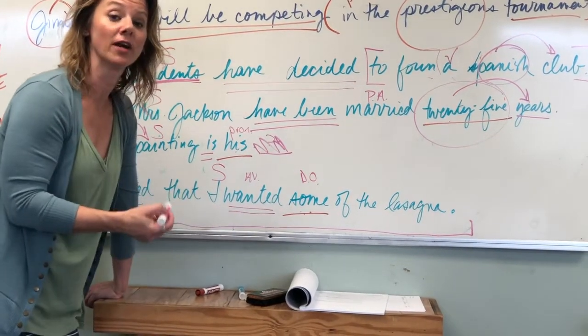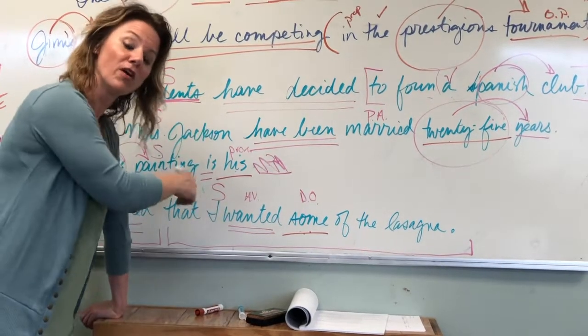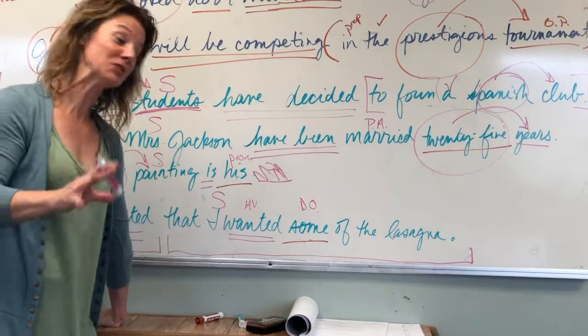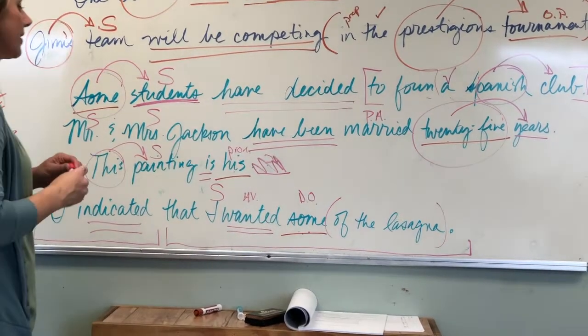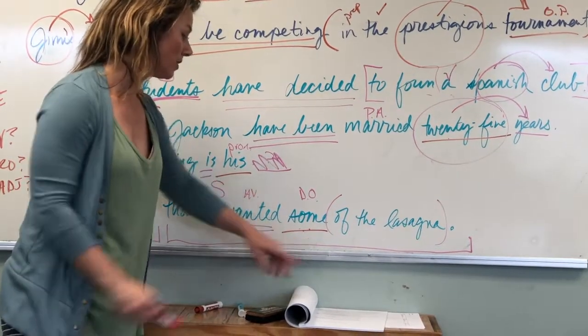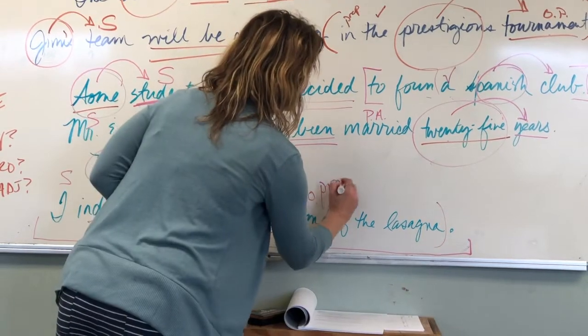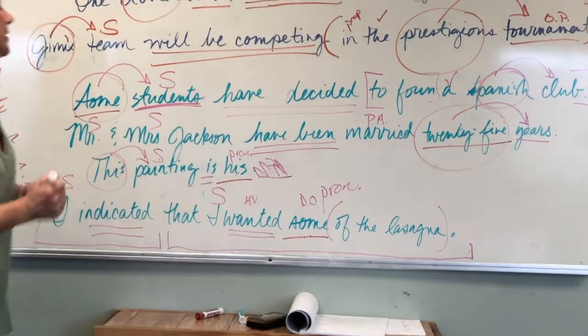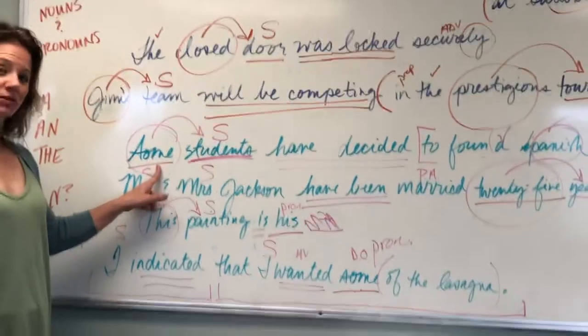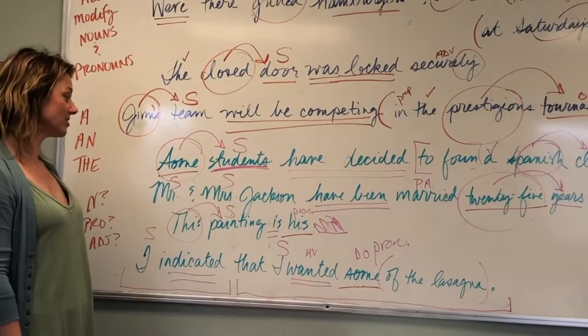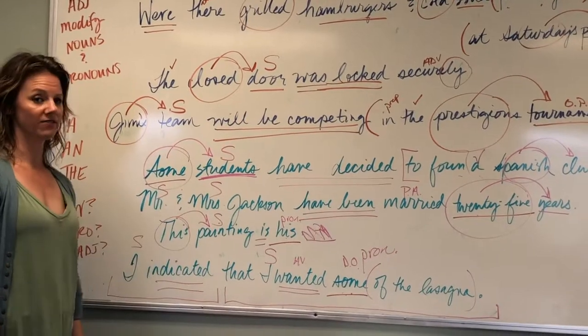Again, if you didn't memorize your pronoun chart, you fall apart in adjectives. You can still memorize stuff. And then I just want to label everything. But you can see that this some, which is functioning as a straight up pronoun, is different than this some, which is still a pronoun, but it's functioning as an adjective because of the noun after it.